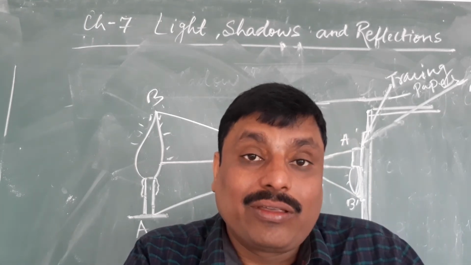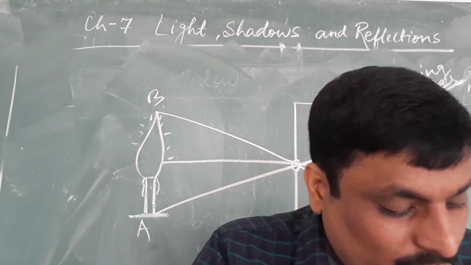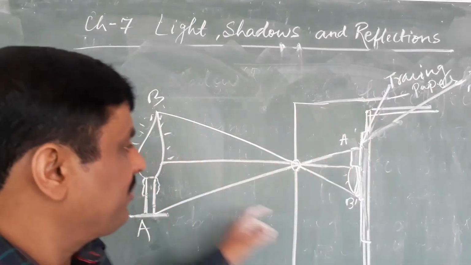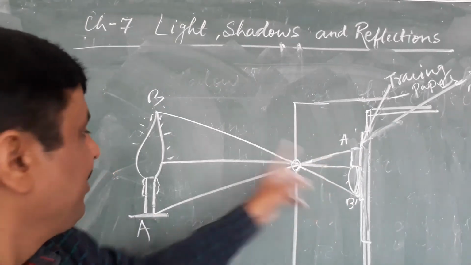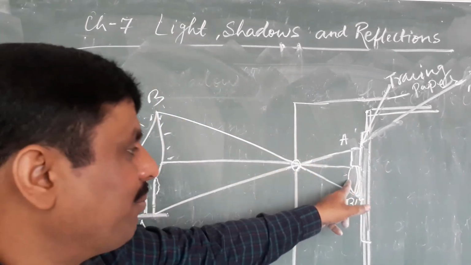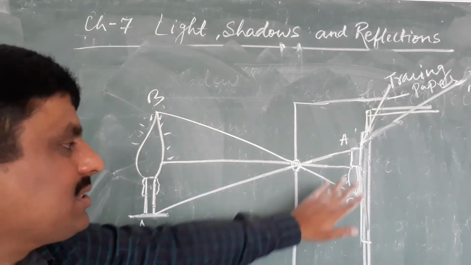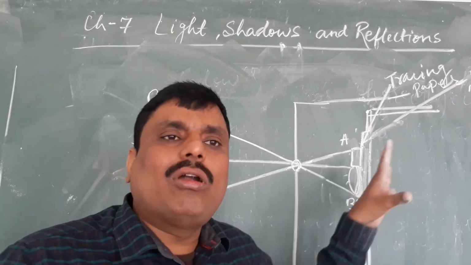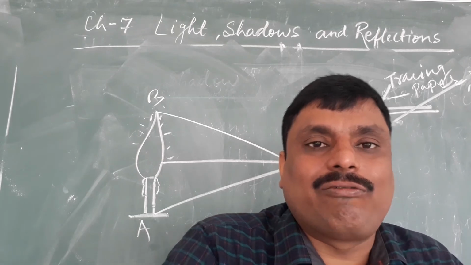But in an image, shape and size are also shown. Just see here in the image. The candle is like this, only inverted, with the burning part here and the whole candle part here. So the shape is also shown. It may be small or big, it doesn't matter, but the shape must be reflected.